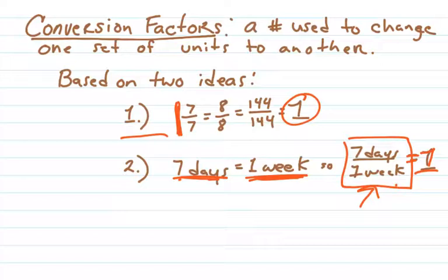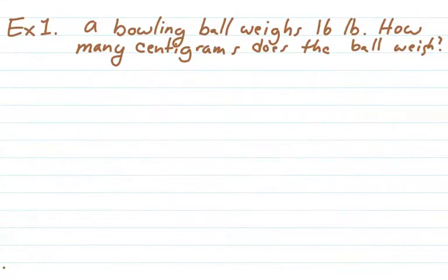Okay, so let's go through this with an example. The first example here is a bowling ball. And a bowling ball weighs 16 pounds. How many centigrams does the ball weigh? So let's start off first with our 16 pounds, all right?